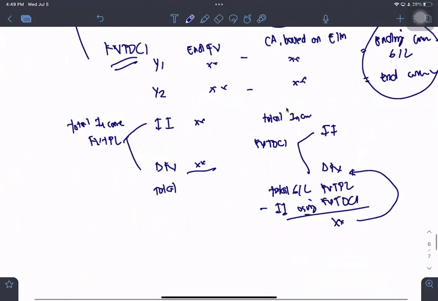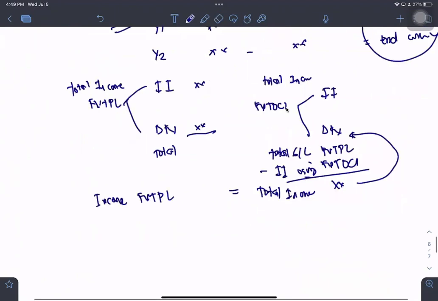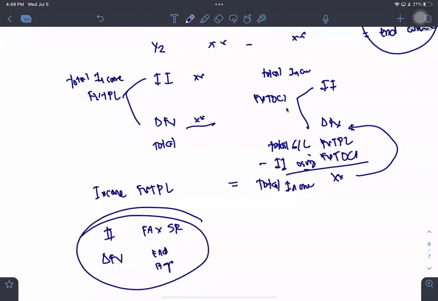Why? Whatever is the total income in FVTPL is always equal to the total income in your FVTOCI. Magkaiba nga lang sila ng pag-compute. Sa interest income ng FVTPL, it is face amount multiplied by your stated rate. Sa changes in fair value, just compare the ending to the beginning. However, whatever is the total of this one is also the total of FVTOCI.